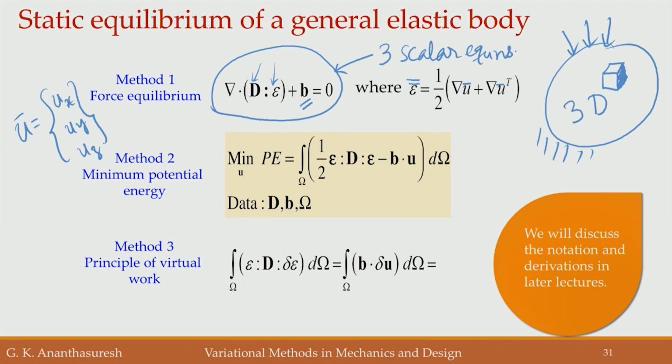All of these will be functions of x, y, z, because we have taken a 3-dimensional system. If I say this is x, y and z, then ux is a function of x, y, z, and so is uy and so is uz.